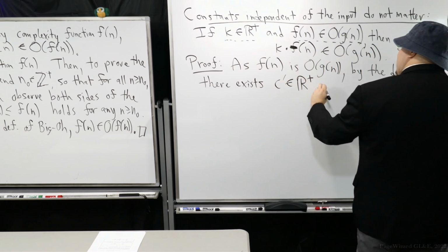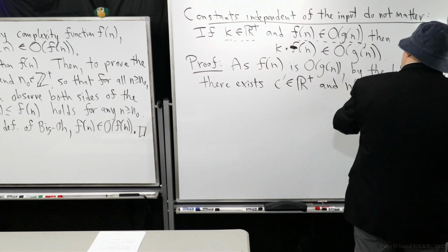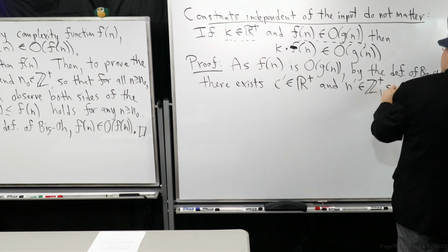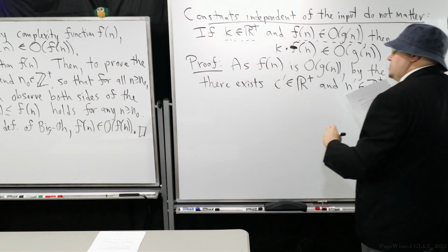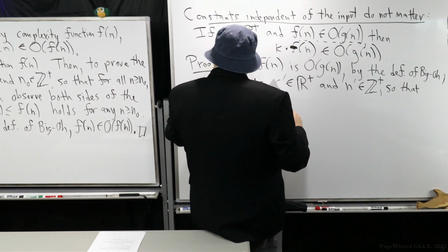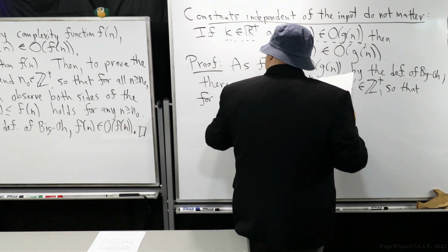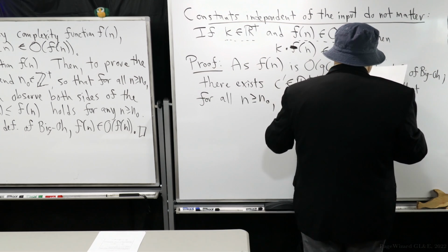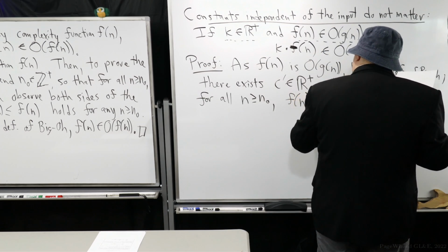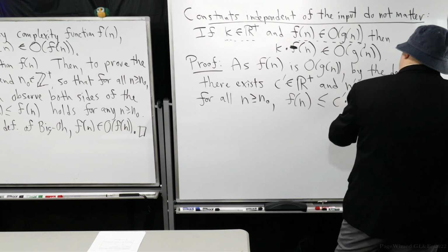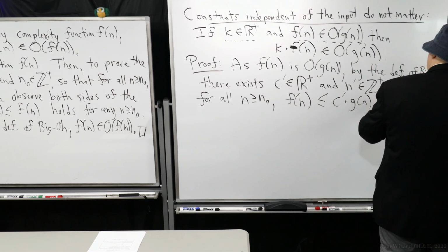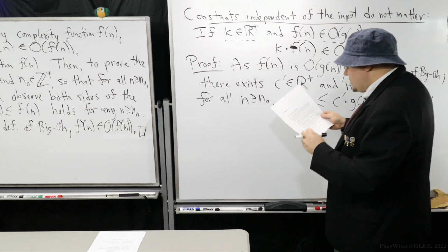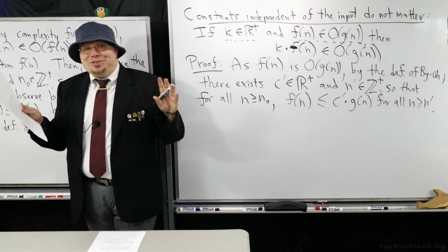So C prime and N prime, which is a positive integer, so that, remember, all I'm doing is writing out the big O definition now just for f and g: for all n greater or equal to N prime, it has to be that f of n is less than or equal to C prime times g of n. So now we have this, and we can use this information.